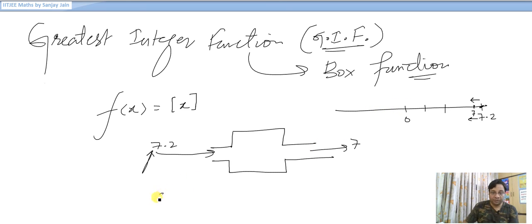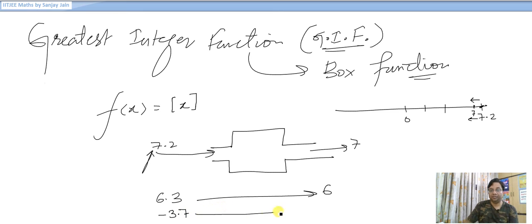If I put, let us say, 6.3, the output it will give me is 6, because on the left of 6.3 I'll have the greatest integer as 6, okay, right? I hope you have understood. Now you need to tell me, if I put minus 3.7, what will be the output? It will be equal to minus 4. Why?